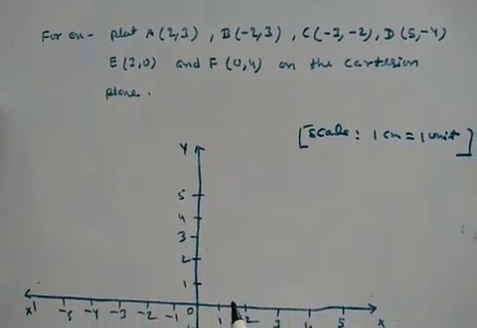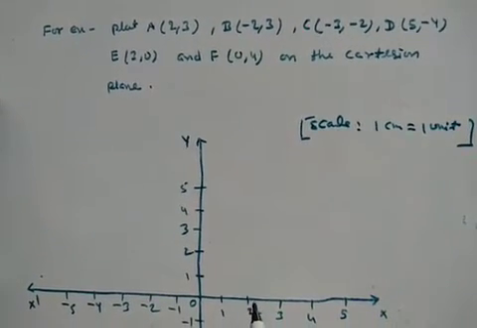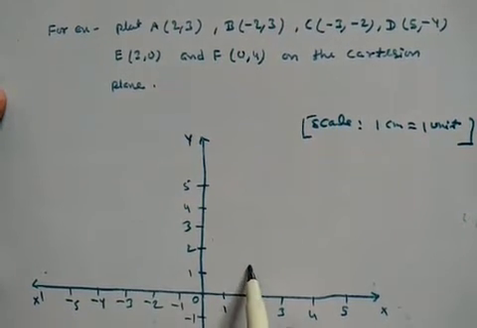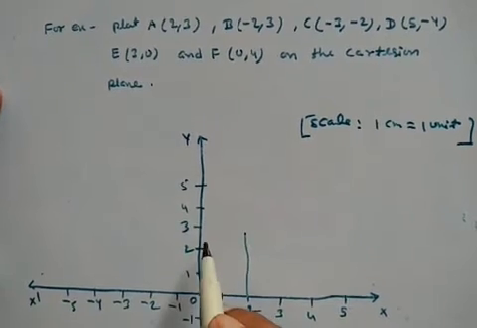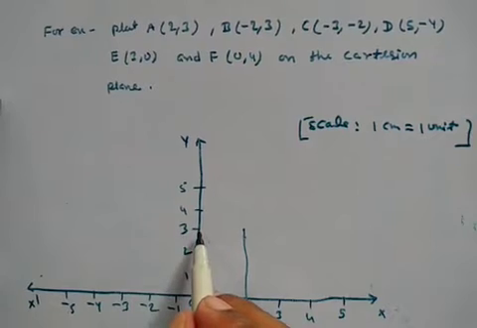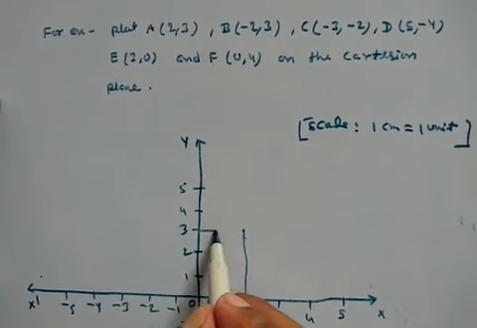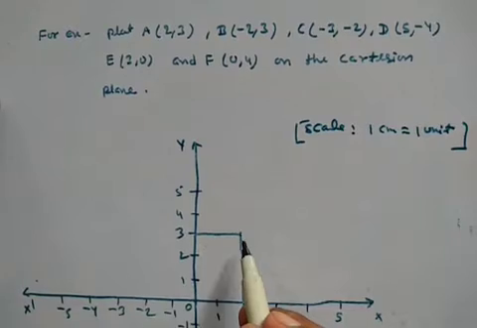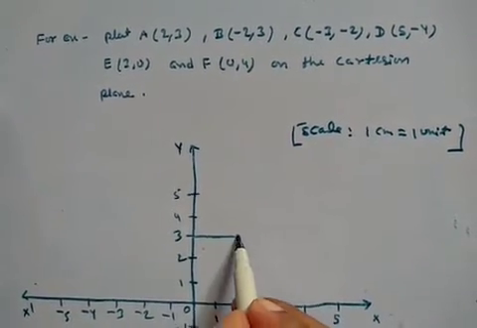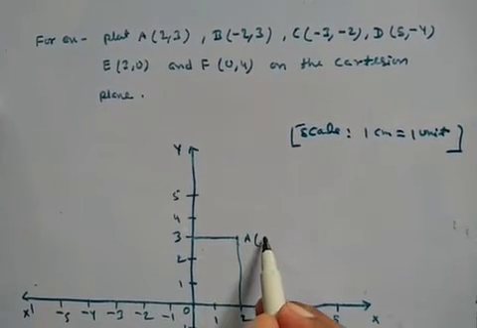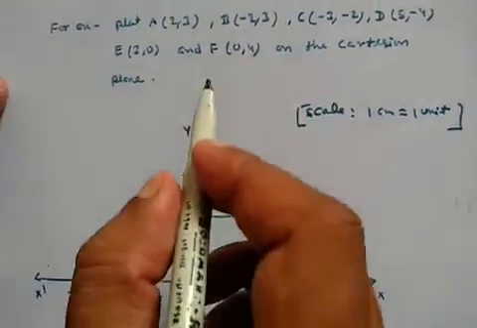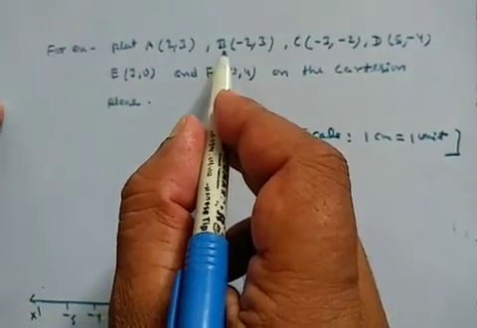For representing point A, we draw a perpendicular line on the x-axis at 2, and on the y-axis also draw a perpendicular line at 3. Both perpendicular lines intersect at this point. This point represents point A, ordered pair (2, 3).